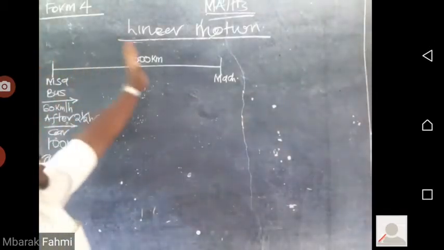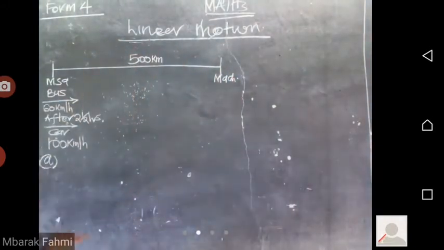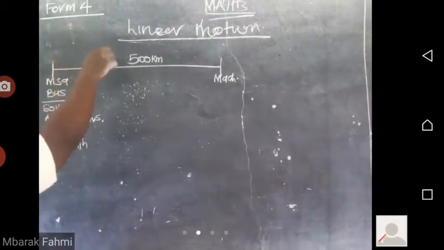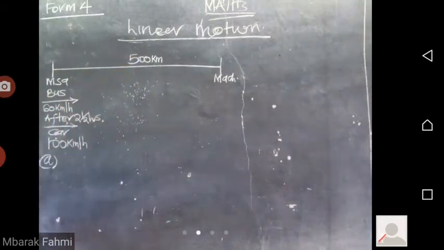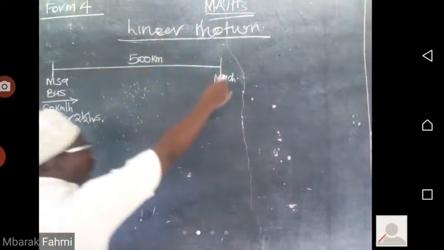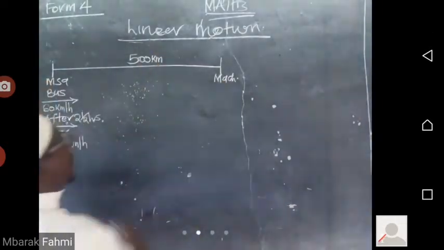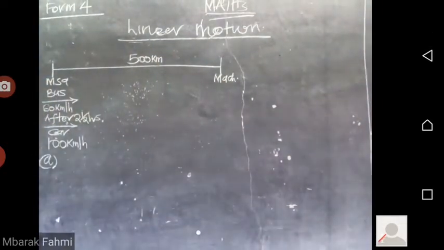What is the position of the bus by the time the car is starting? And we calculate the distance of that bus from Machakos. The total distance between Mombasa and Machakos is given as 500 kilometers.